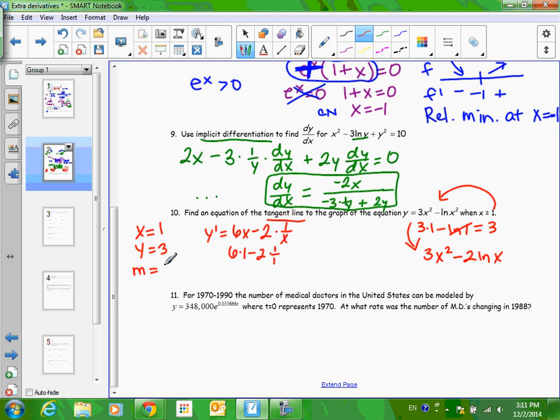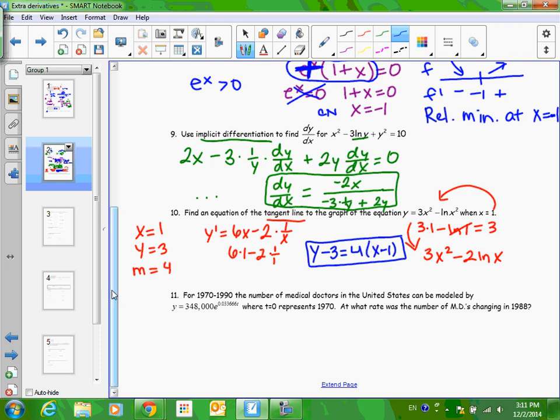So what's that? 4. So you should get a slope of 4, no matter which way you did it. Then my final answer is going to be y minus 3 equals 4 times x minus 1, because that's just to write the equation of the line. This also is something you have had to do a lot. That's because I really want you to be comfortable with it.